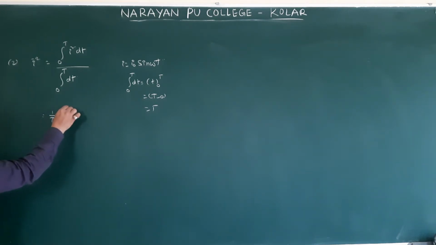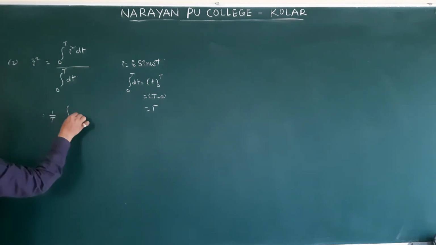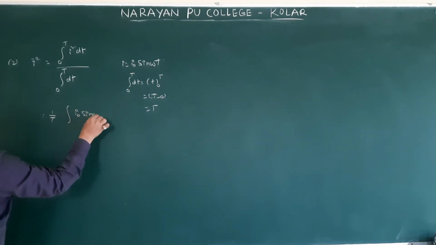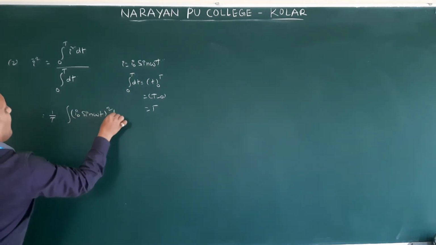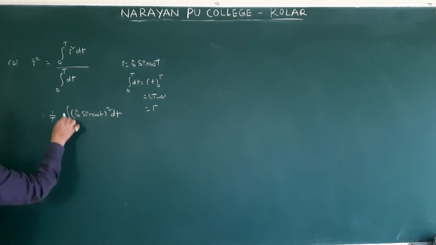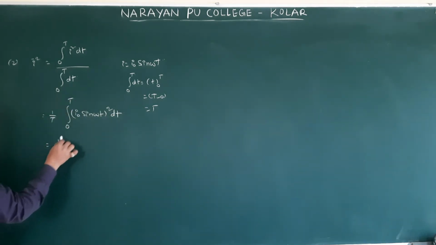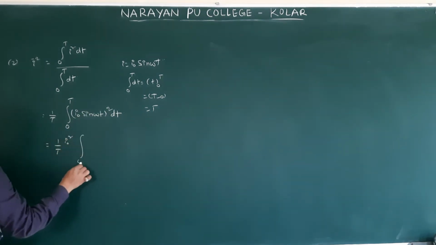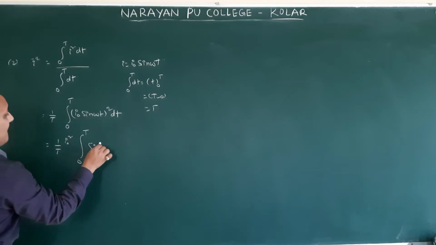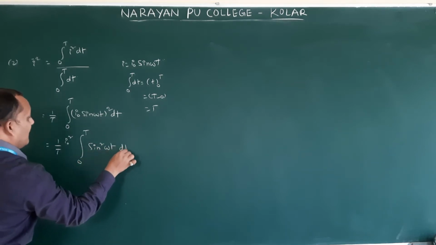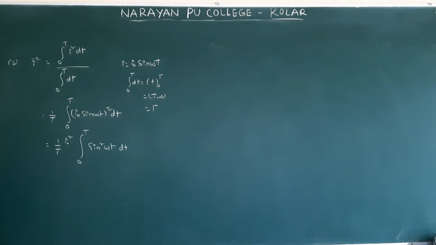So 1 by t integral, I value I naught sin omega t whole square dt between the limits 0 to t. So 1 by t I naught square I am writing here, 0 to t sin square omega t dt, isn't it? This is mean square. I bar square, otherwise I mean square, average square also you can write.